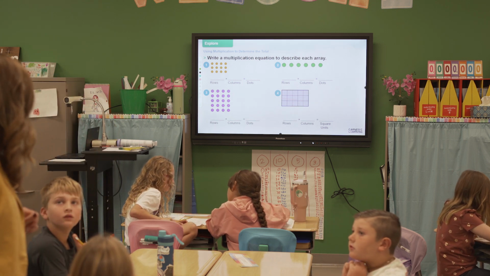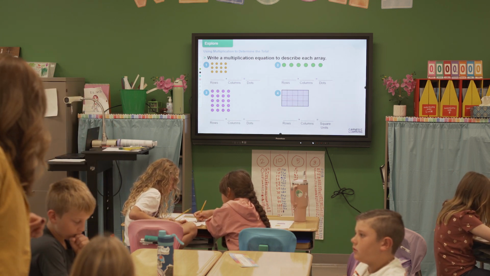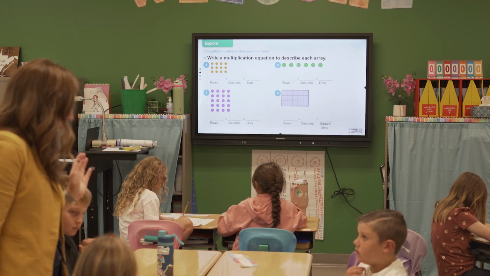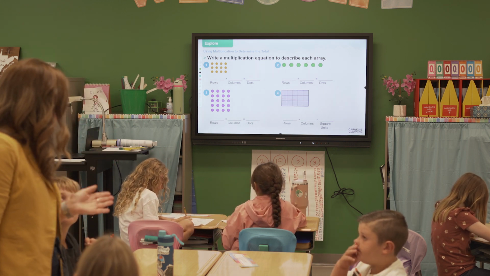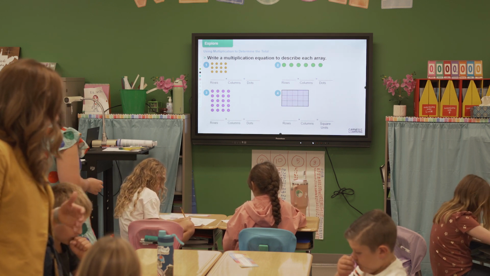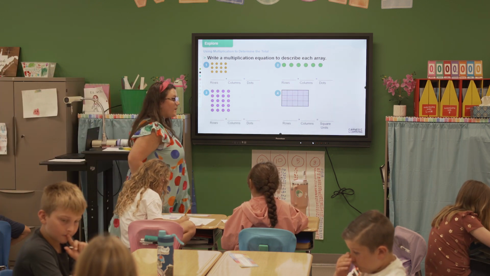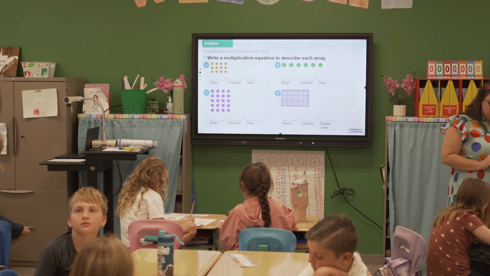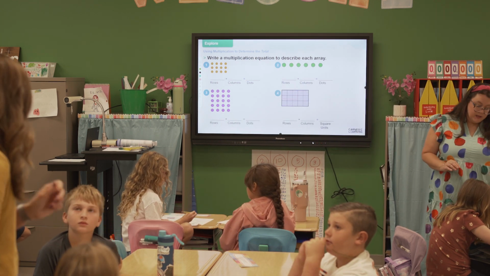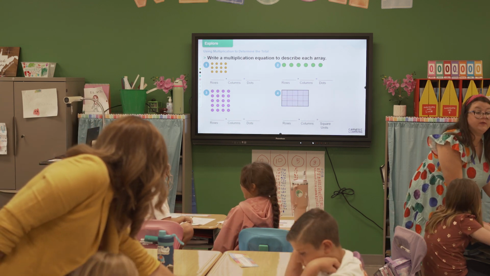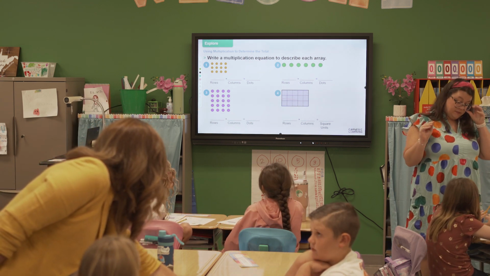Keep working. Great. Okay. What if I knew how many were in the rows, but I didn't know how many were in the columns? Check across the table. But I knew that I got it. So for example, you could do 2, 4, 6, 8 instead of doing 4, 8. So what is this one? I knew there were 4 rows. We're not there yet. But I knew there were 8.